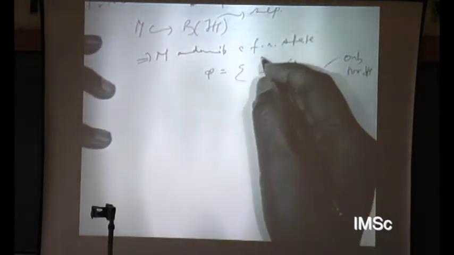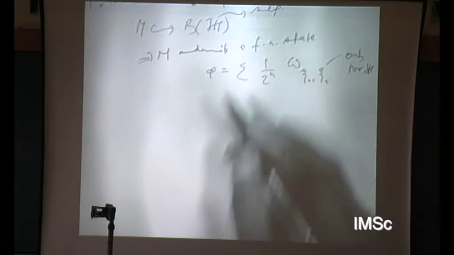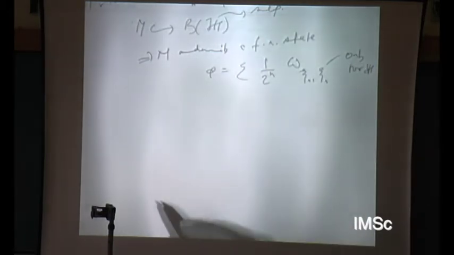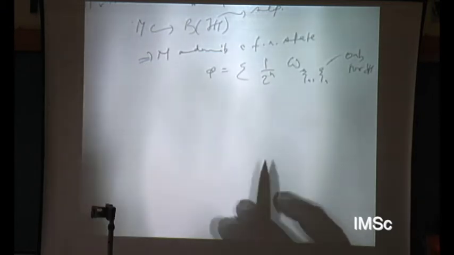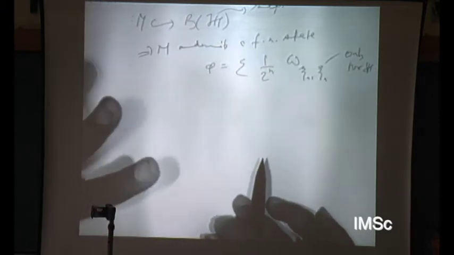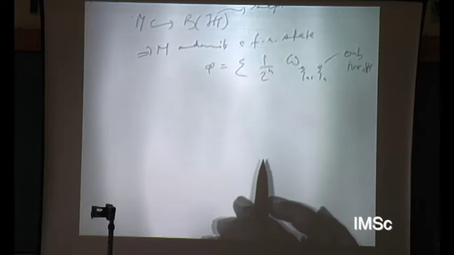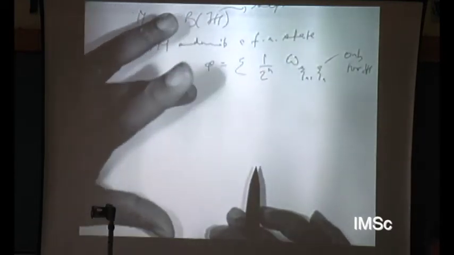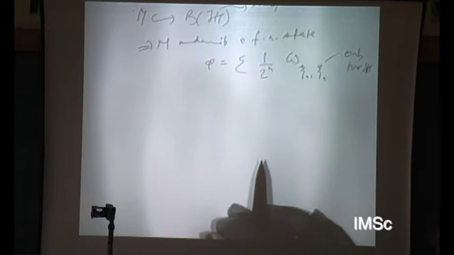So if M admits a faithful normal state, then I take the GNS representation for M. There, because phi is faithful, the radical of phi is going to be trivial. So the associated Hilbert space H phi will just be A hat, A thought of as a Hilbert space with this inner product.